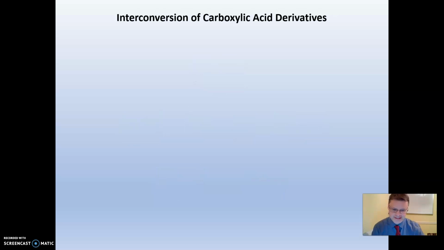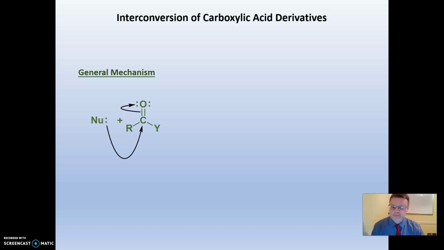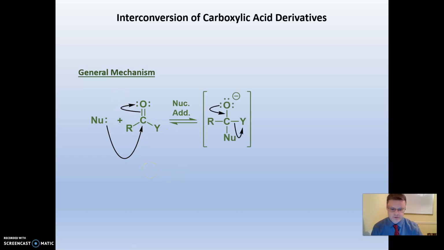All right, so in chapter 20, we had a brief introduction to nucleophilic acyl substitution, but I'm going to go over the general mechanism again here. What happens is that a nucleophile is going to attack our carboxylic acid derivative at the carbonyl carbon in a nucleophilic addition step, and that makes this tetrahedral intermediate.